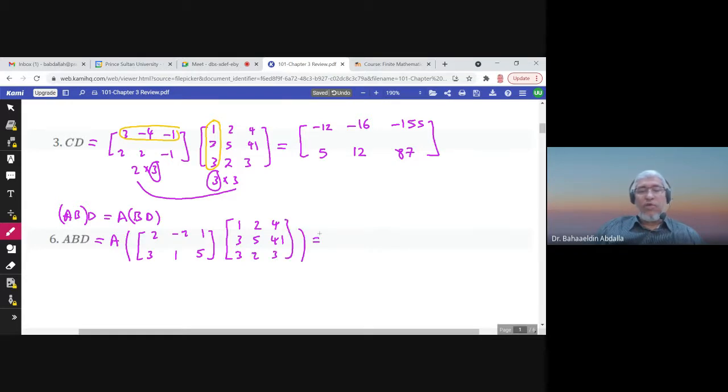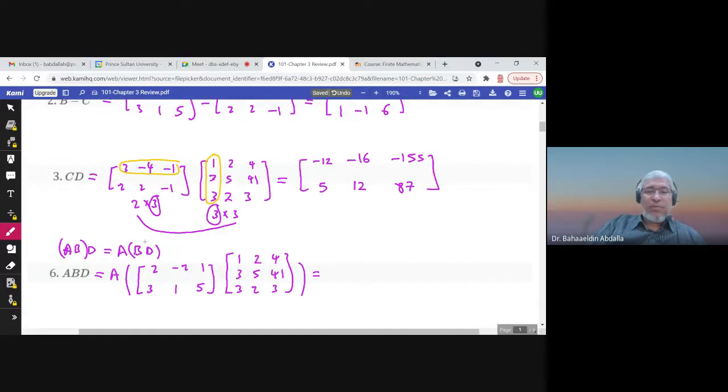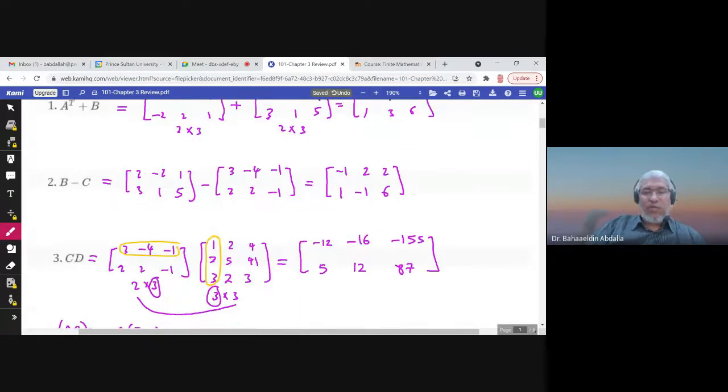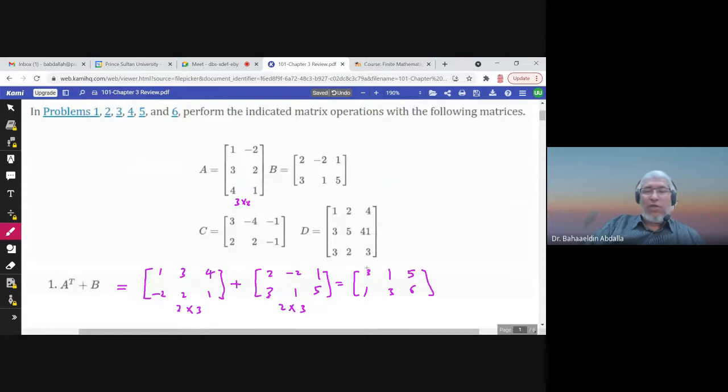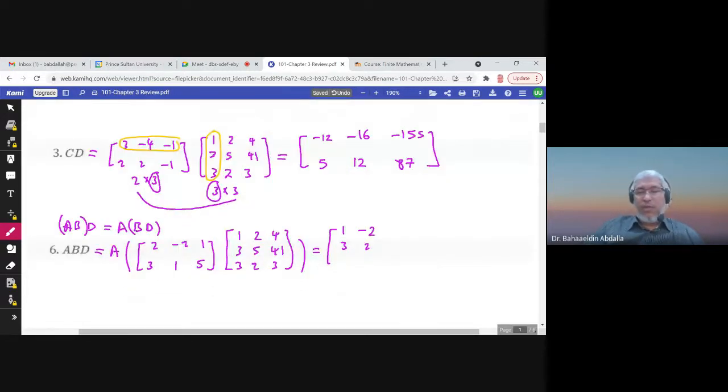Okay. So A is 1, negative 2, 3, 2, 4, 1. So A would be multiplied by the product of these two, which is going to be a 2 by 3 matrix. So like we did in part 3, 2 times 1 minus 2 times 3 plus 1 times 3.